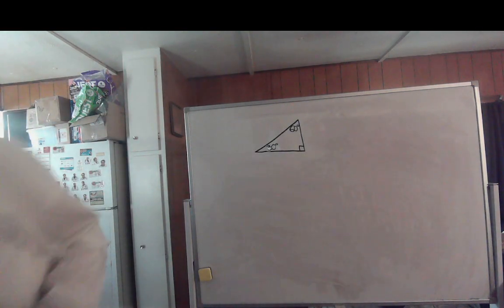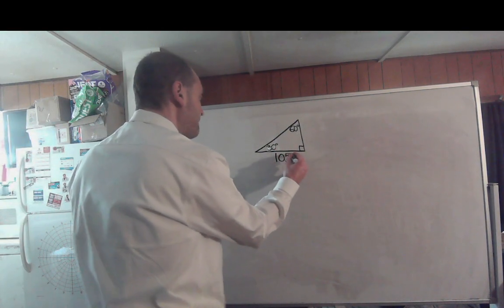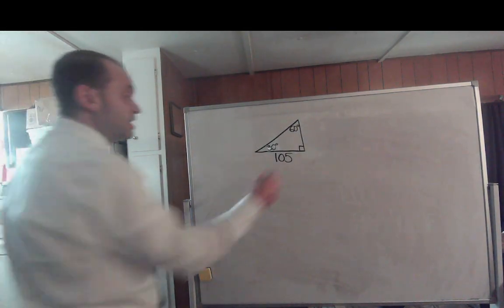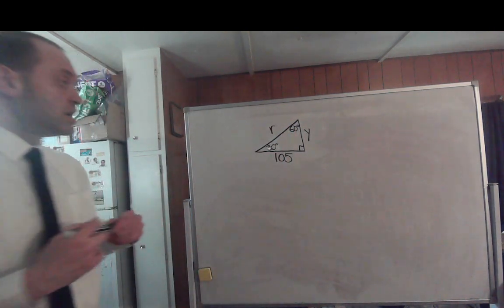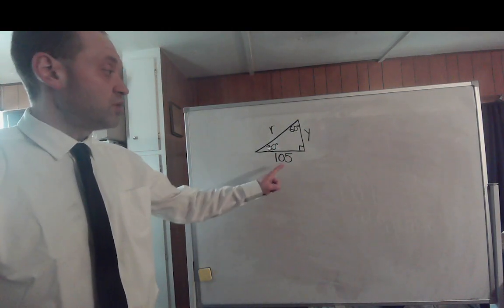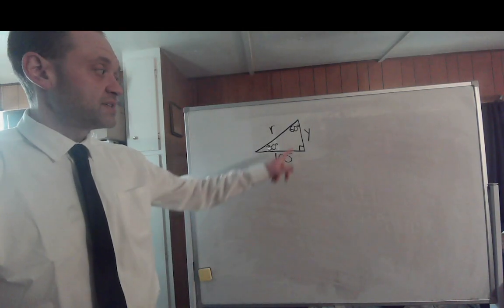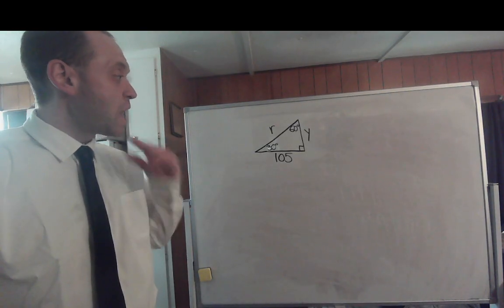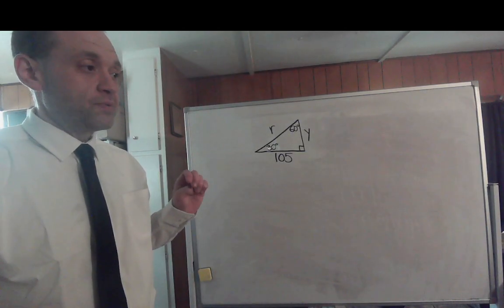Well, in this case, they give you that this leg is 105. They want you to find the lengths of legs Y and R. So you have a 30, 60, 90 right triangle, but you only know one leg. And it happens to be the side opposite the 60-degree angle. Well, what do we know about the 30-degree angle?